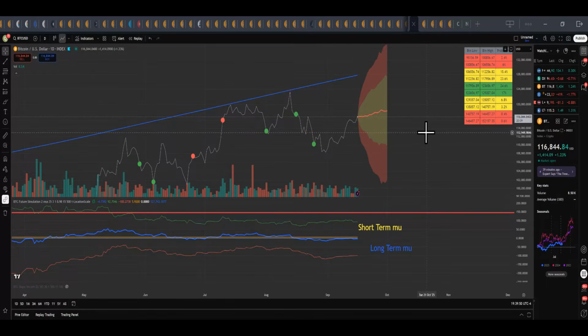You will have to do a little bit of math with iBit, but maybe we can add a table that tells us the value for iBit, because iBit and Bitcoin are linked to each other. They are basically doing almost the same thing. The only difference is that you can trade iBit only on weekdays, while you can trade Bitcoin every single day.